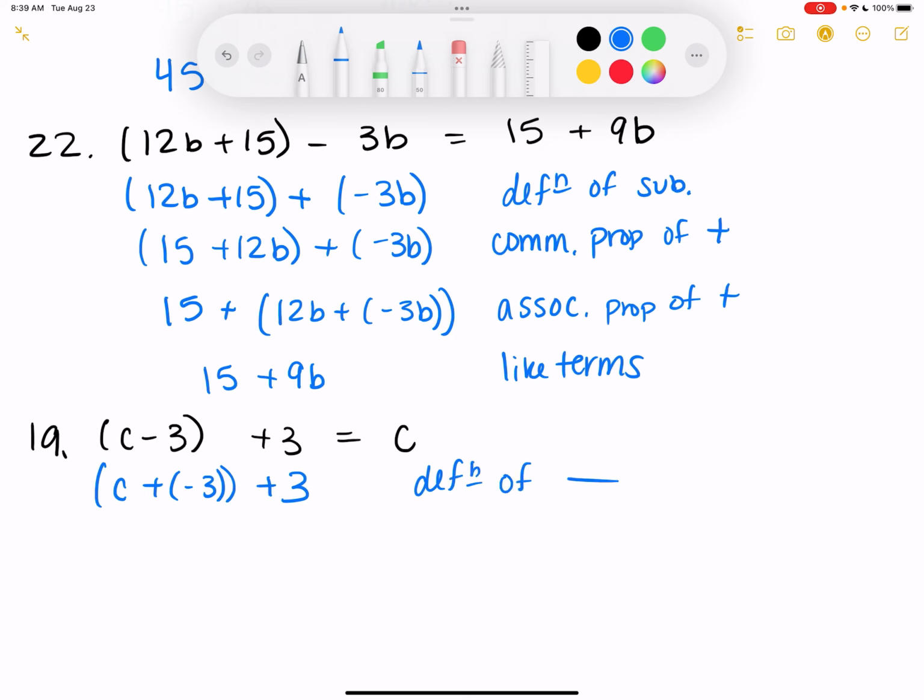So then what's the next thing I should do? You put the threes in parentheses together. So I would have C plus parentheses, negative 3, plus 3, and what allows me to do that? Associative property of addition. Now what?